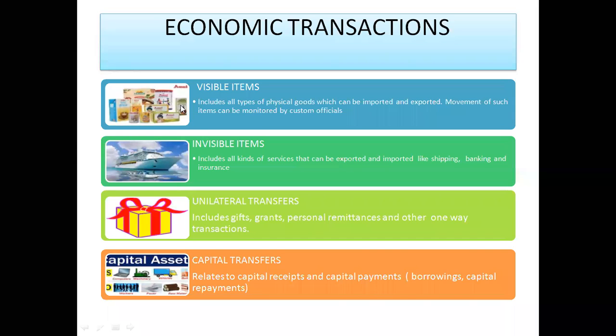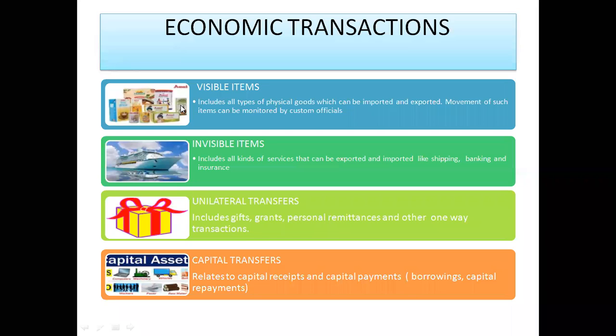That all comes under unilateral transfers. And the fourth thing in the economic transactions which we have to record in BOP is capital transfers, which means capital payments and capital receipts. Now, just having a look at this slide, you tell me what we are going to write in the debit item and what we are going to write in the credit item of BOP, right?